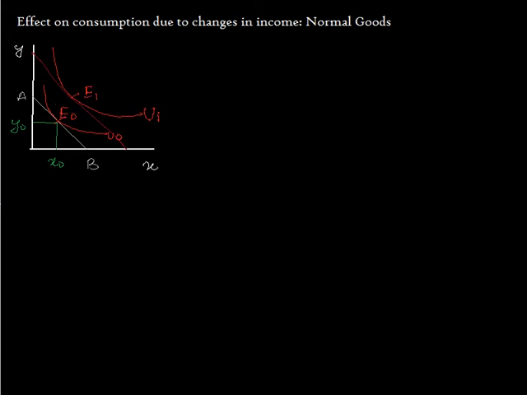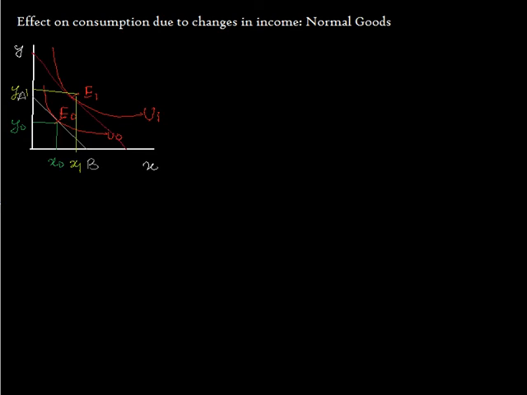So as income increases from M0 to M1, the optimal choices of X and Y will also increase, in case both X and Y are normal goods. So this much is the amount of X and Y which has been consumed, say X1 and Y1, when the income level has increased.